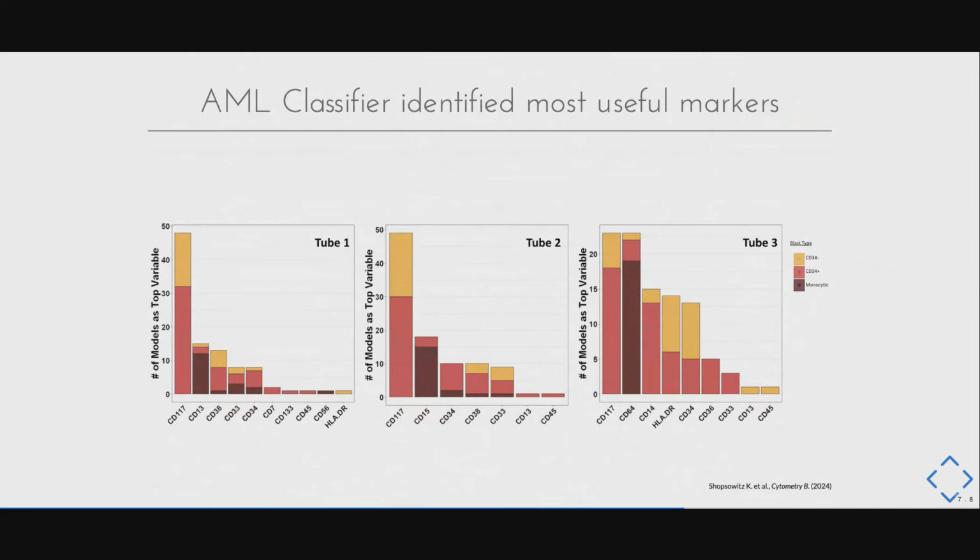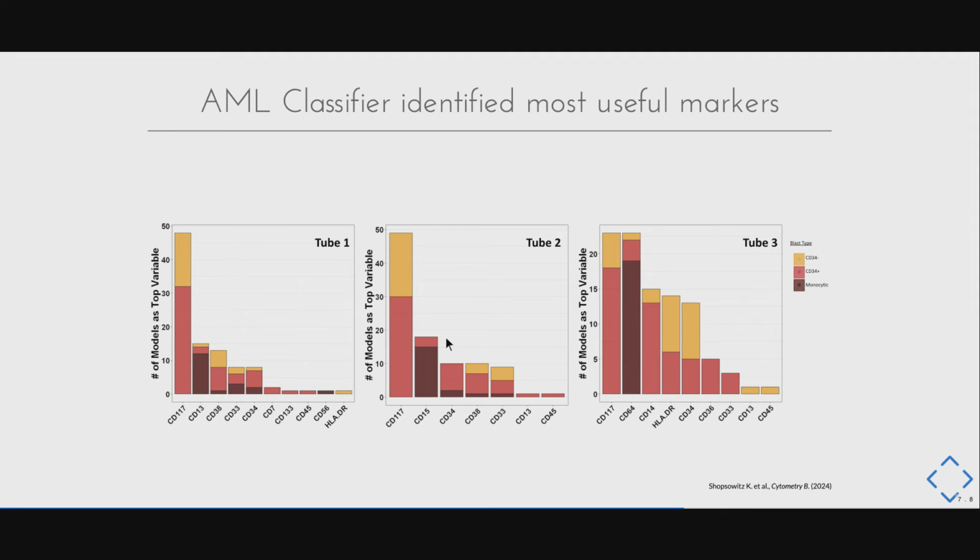XGBoost also provides information about the contribution of each marker in the classifiers, highlighting the importance of each marker in predicting the AML cells. In this figure, the x-axis represents different markers in different tubes, and the y-axis shows the number of models in which each marker has a significant contribution.